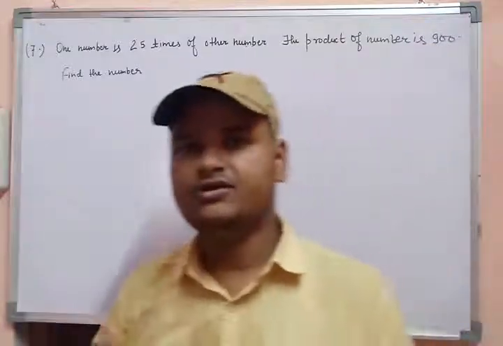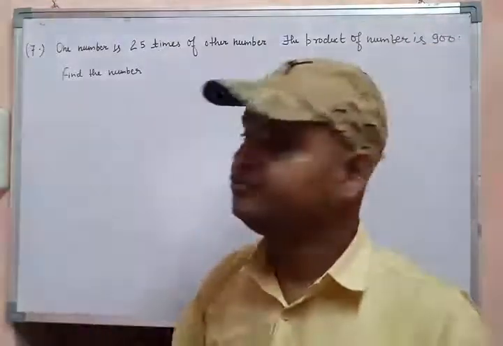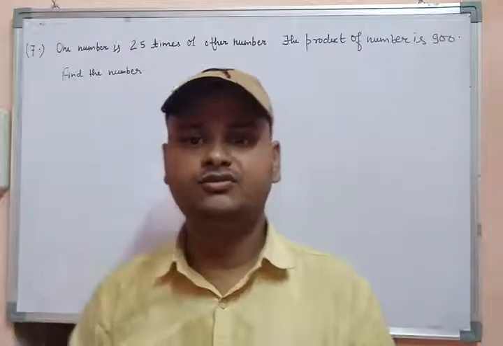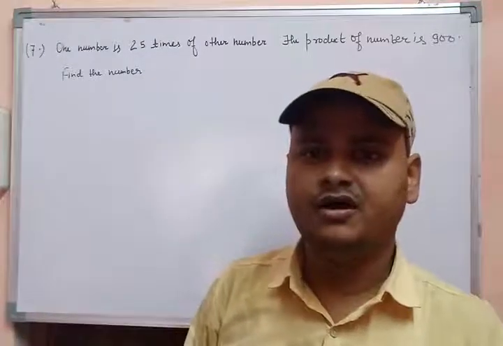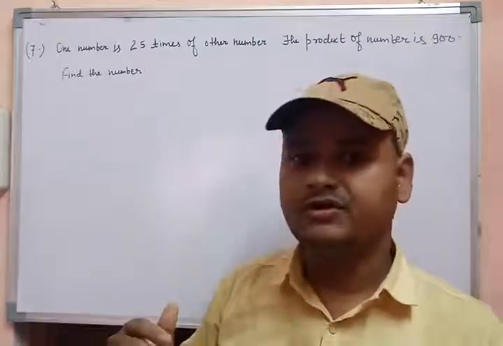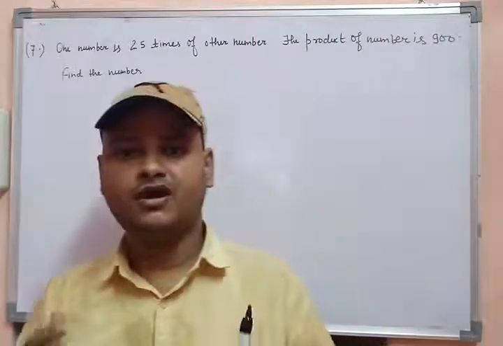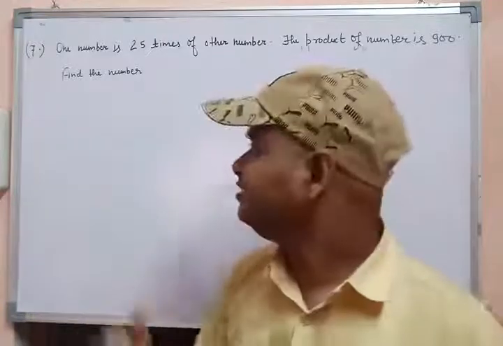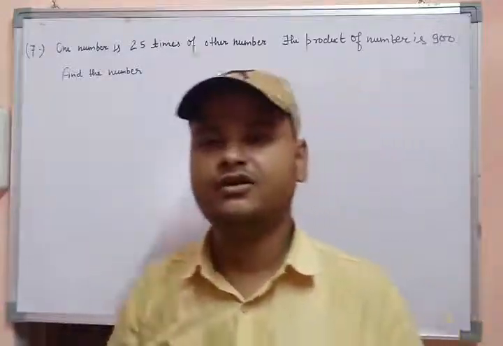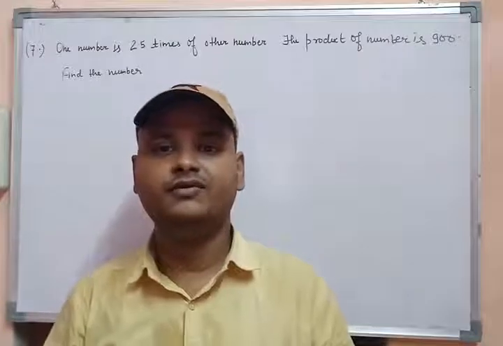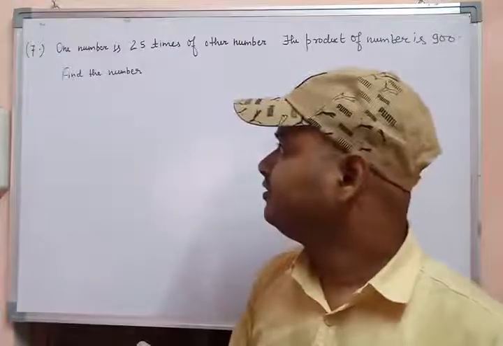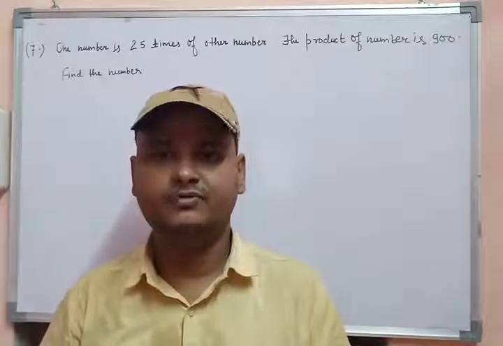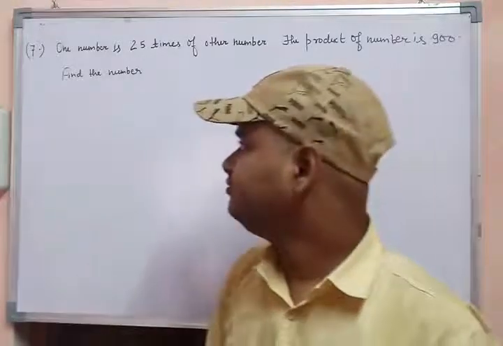So student, in this type of question, if you want to find the unknown quantity, then you have to assume a variable. You all know about the chapter algebra, that if you want to find the unknown quantity, then you have to assume a variable, because a variable has no fixed value.